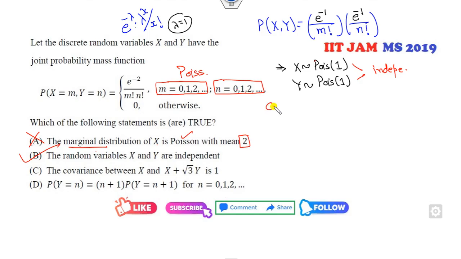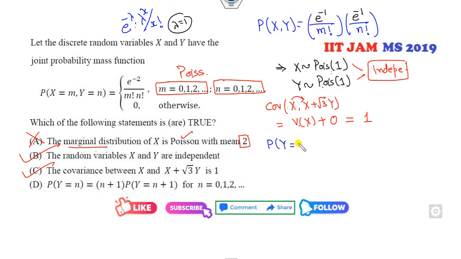What is the covariance between them? Covariance of x and x is the variance of x plus covariance of xy. Because they are independent, the covariance is 0. So what is the variance of x? 1 is the right answer. Probability of, okay, so we all know y follows the Poisson distribution.